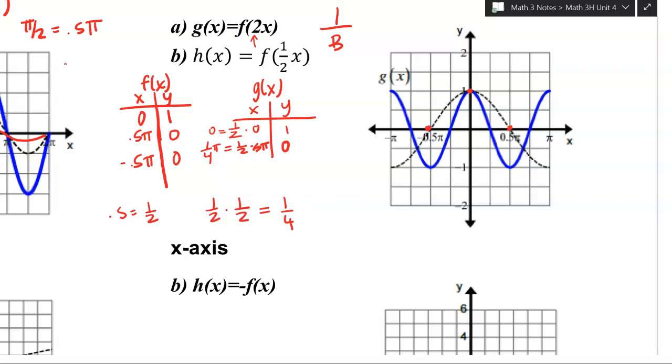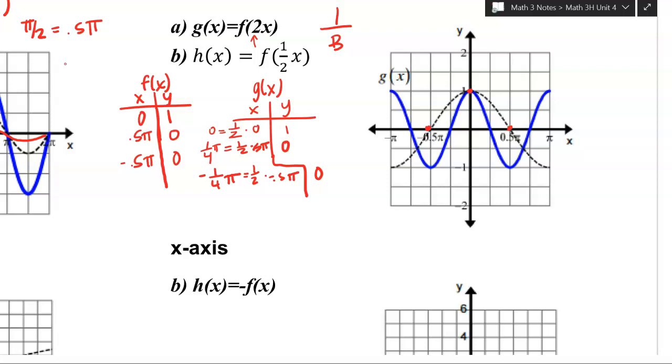So that's why it's 1/4 when we multiply 0.5 and 1/2 together. All right, next one, negative 1 over 4 pi. Because it's that same thing, 1/2 times a negative 0.5 pi. And we'll just move those points, and that's going to be at 0 as well. It's not affecting our zeros in any way, or our y values, I should say.